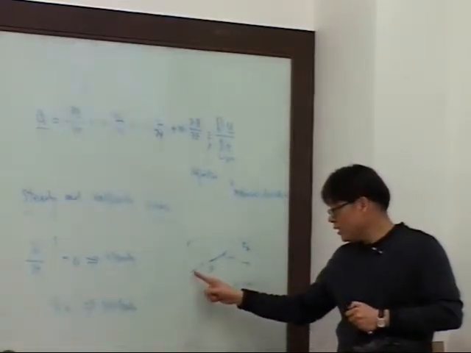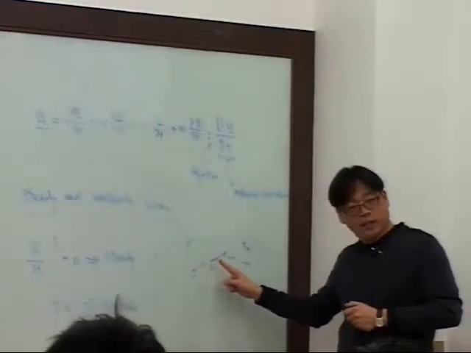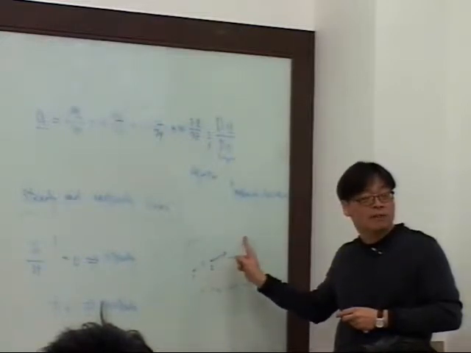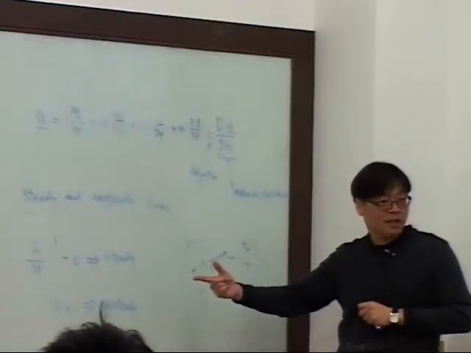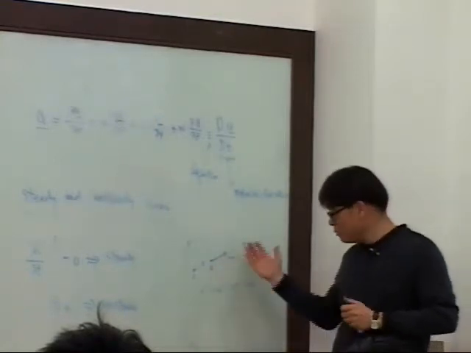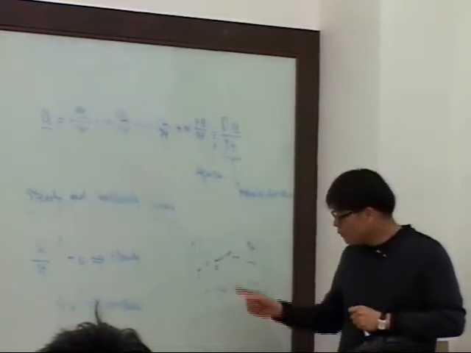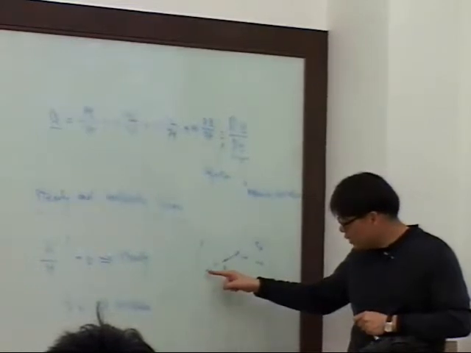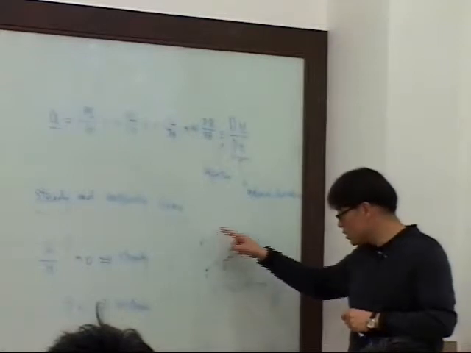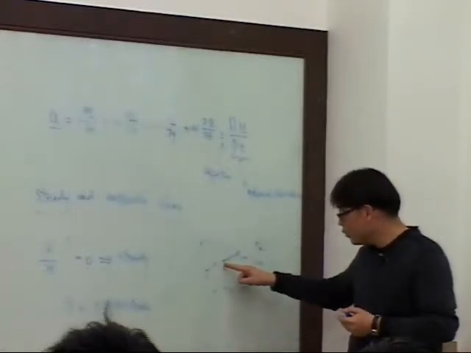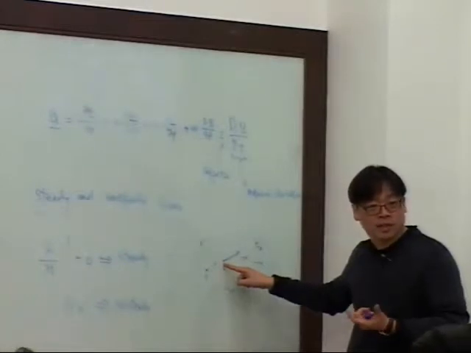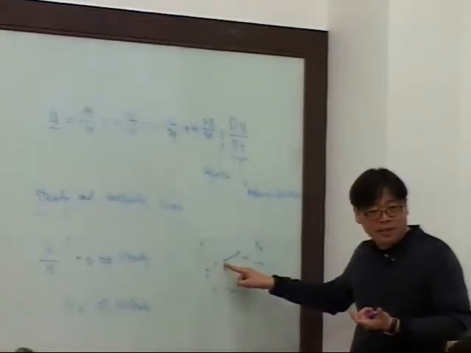So the fluid particle keeps moving, and when it reaches position 2, it will have a different velocity, right? That's what these arrows imply. If a fluid particle is sitting here, then it has this velocity. If it moves somewhere, I don't know how, but if it reaches this position, then it has a different velocity. So what does that mean?